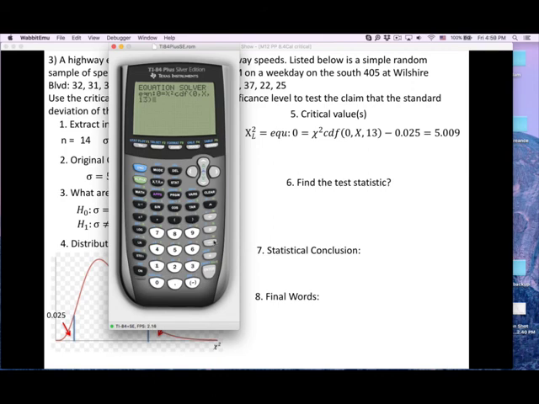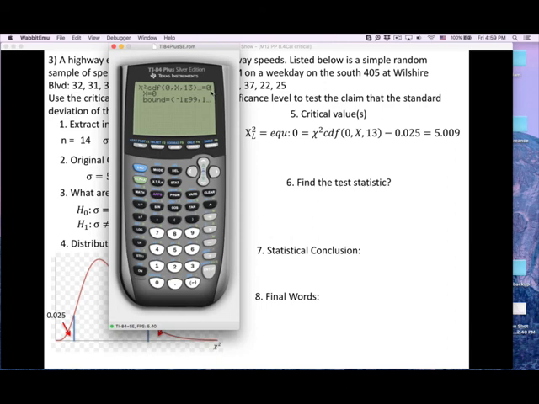Okay. And then minus the area from the left. Area from the left here, that's a 0.025. So 0.025. Okay, plug in here the whole thing on your calculator. And then enter. You're not done yet, okay? So here, we're gonna click alpha, and then enter.